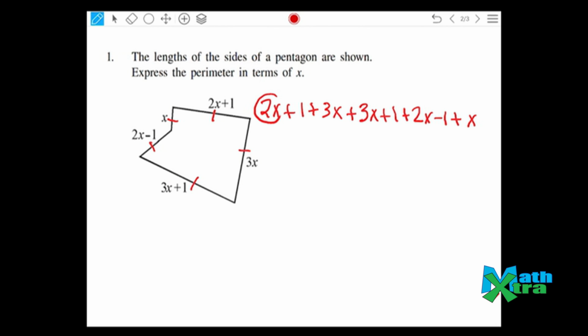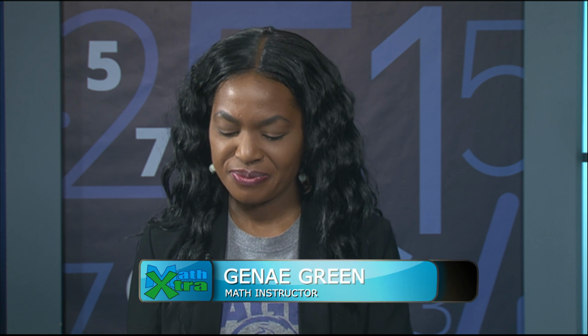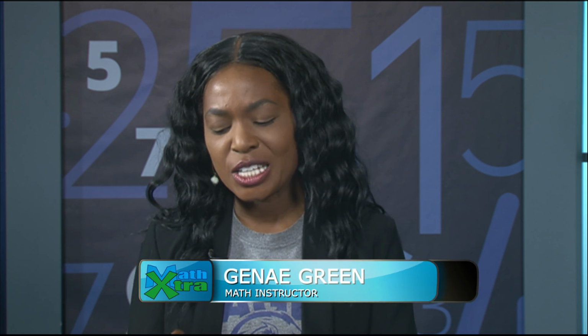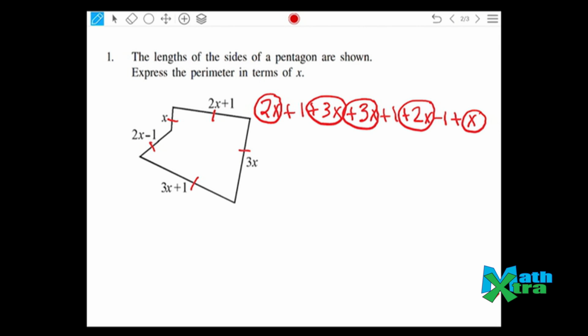We have 2x plus 3x plus another 3x plus 2x plus this x hanging out all by itself. Now what I like doing, I like circling and boxing, just so I can stay neat. Let's box our 1. We have another 1. Oh, and we have a minus 1 here.